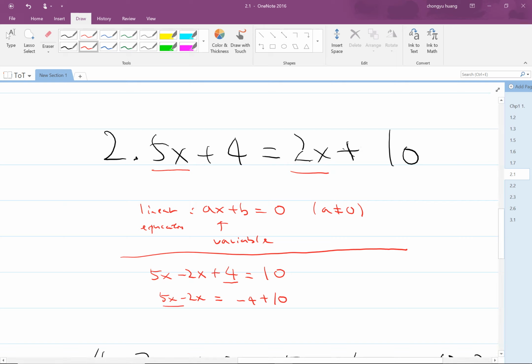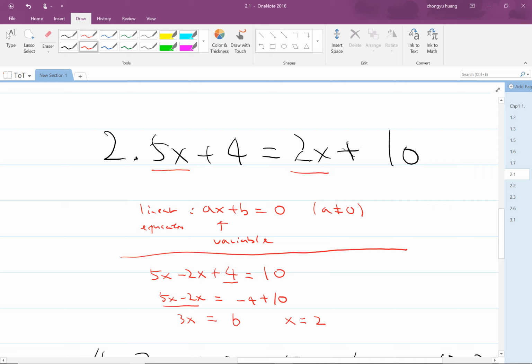5x minus 2x is 3x, and 3x is equal to negative 4 plus 10, which is 6. So 3x equals 6, and you know the answer: x is equal to 2.